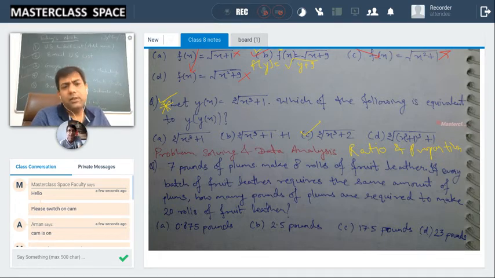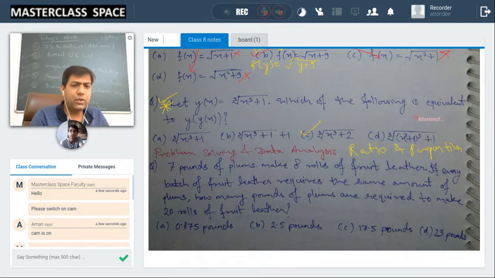You are comparing, like your height with your friend's height. Your height is 5, his height is 4 feet. So you say 5:4. So this is more like a comparison, and proportion is when you are comparing two ratios.